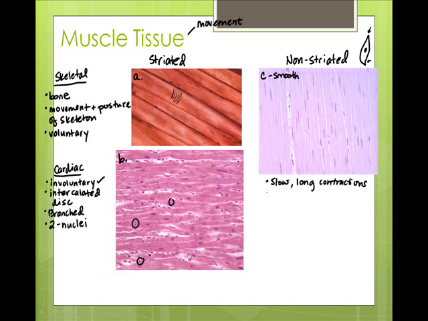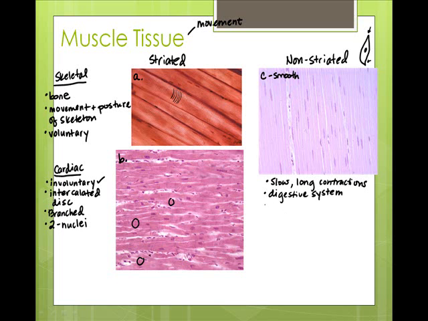These are the types of contractions that are needed in the digestive system in order to push food through at a slow rate so that nutrients and water can be reabsorbed by the body.